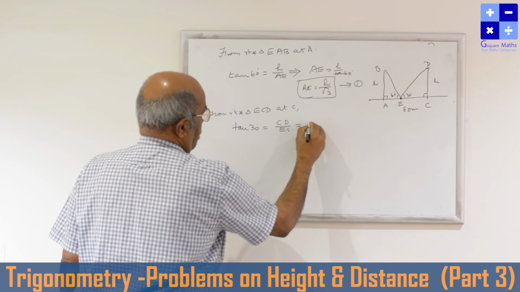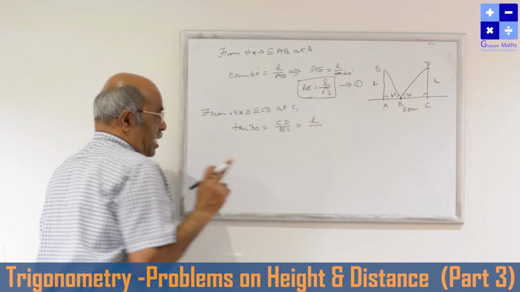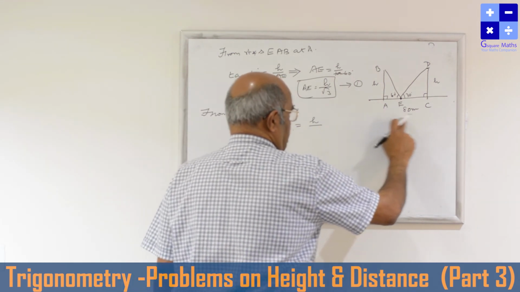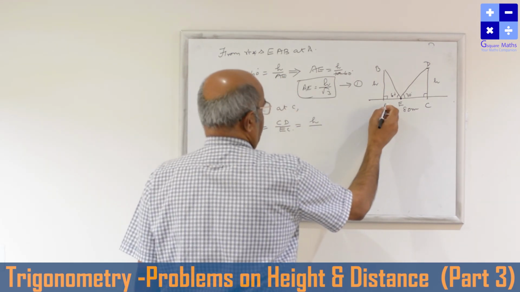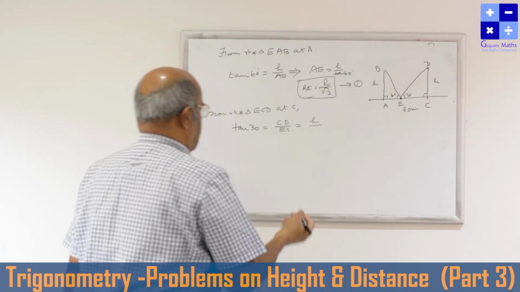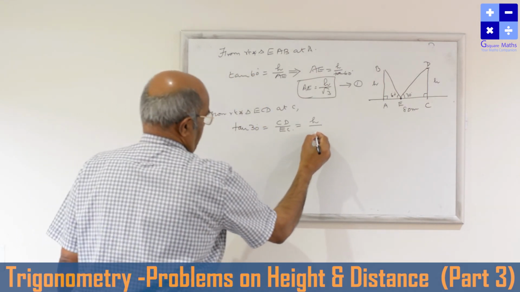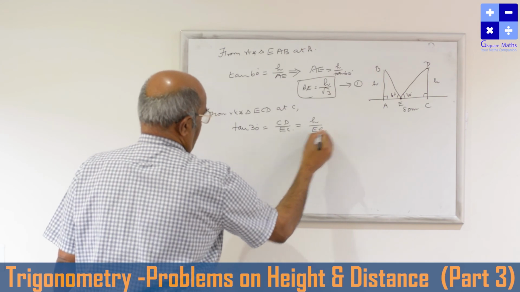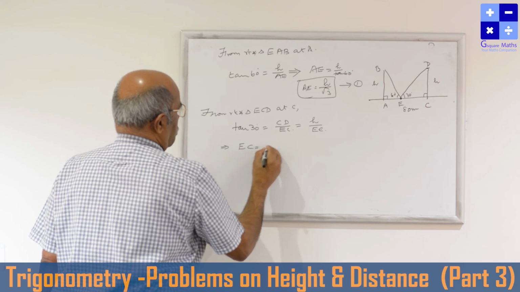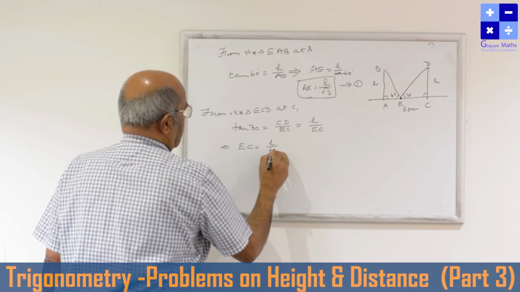CD is equal to H and EC is the distance from E to C. So this implies EC is equal to H by tan 30.